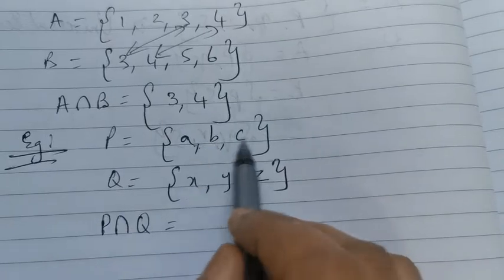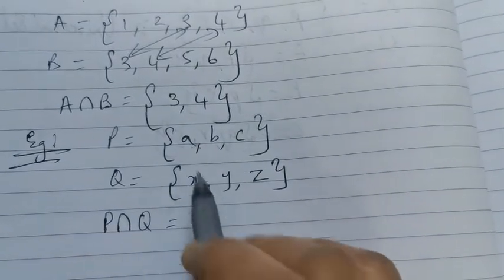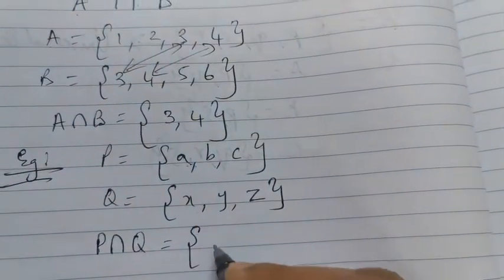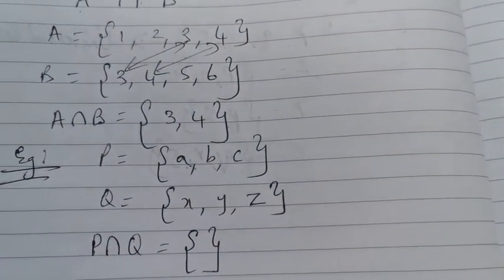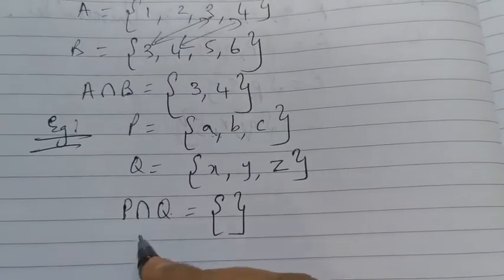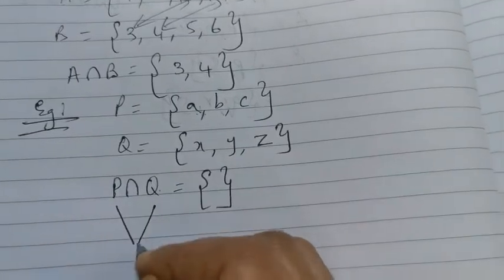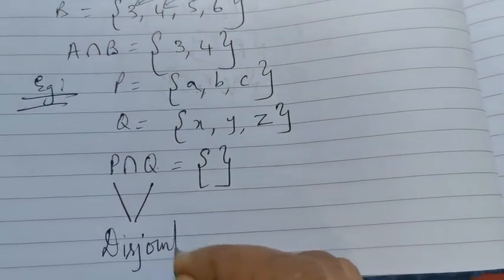If you see A, B, C, X, Y, Z, there is no element common among these two sets. So your result will be a null set. You don't have any elements. So P and Q do not have anything in common. So P and Q are called disjoint sets.